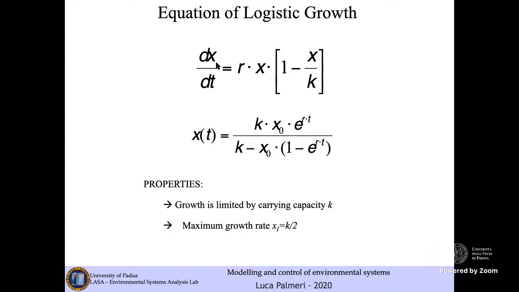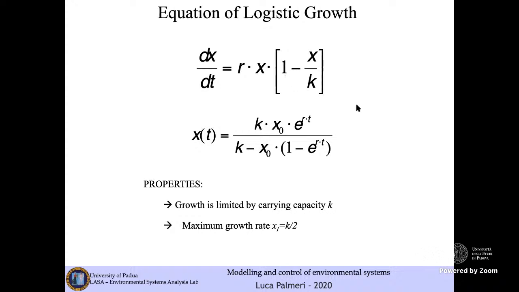In this case, we have limited growth, in which the variation in time of the dimension of the system is equal to a growth coefficient times the dimension of the system itself, minus a non-linear dependence, because this is a dependence on the square of the dimension of the system, on the carrying capacity of the system.